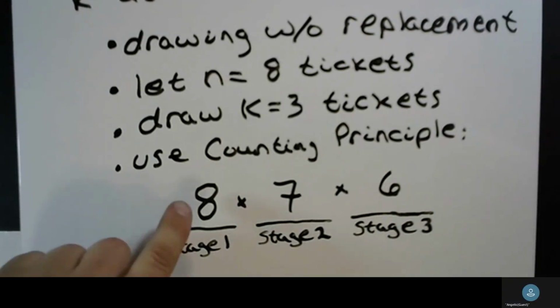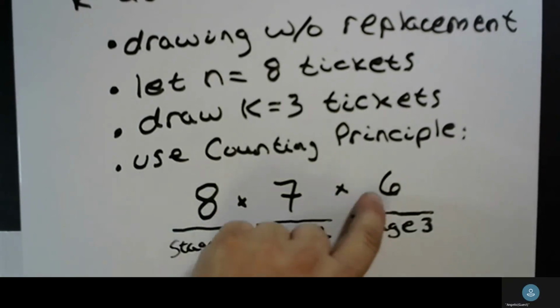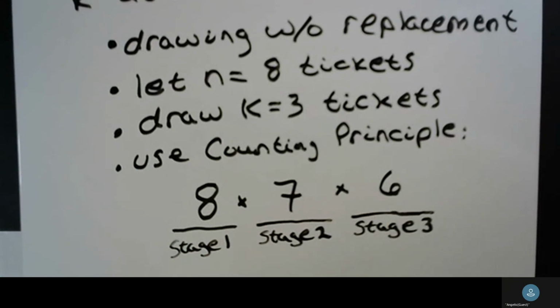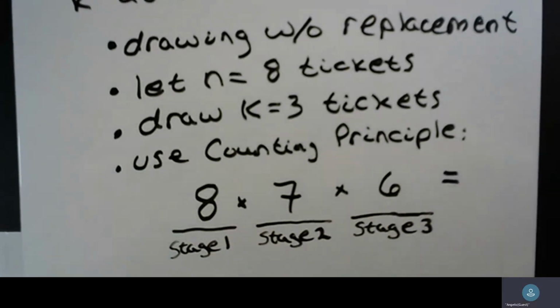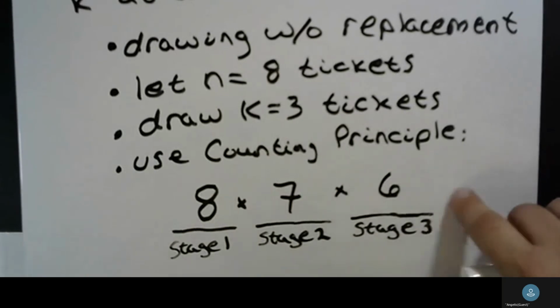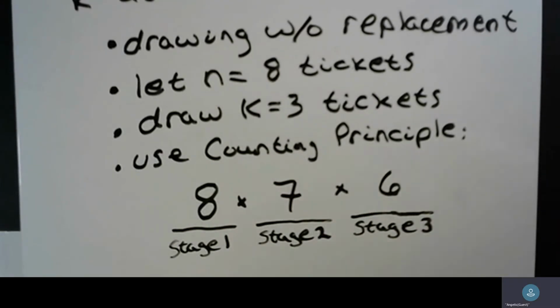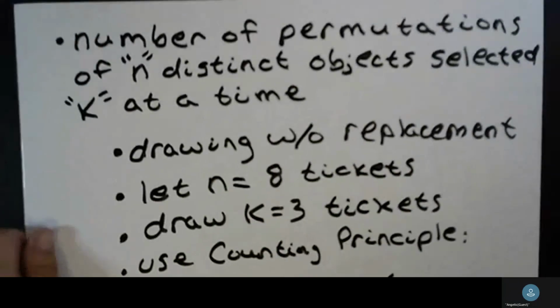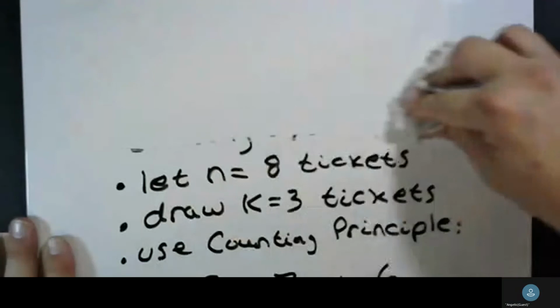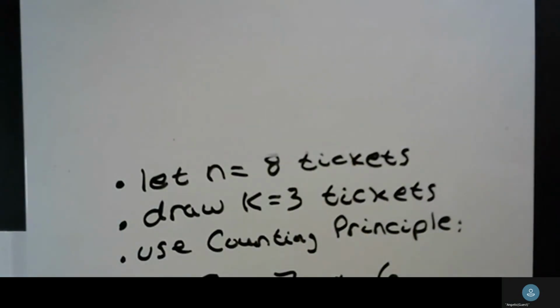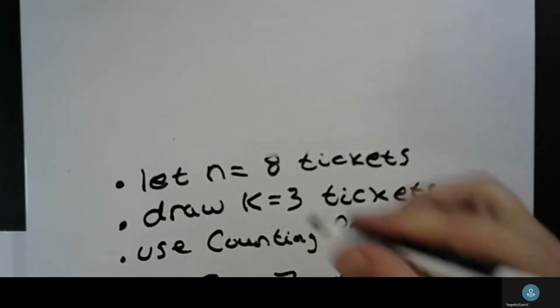So this gives us the total number of permutations. Now, I'm going to do something. It's going to seem a little strange. I'm going to rewrite this using factorials. And this is how we get this formula.